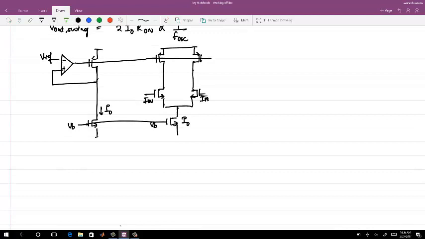Okay, let's make sure that M0, M1, and M2, they are in linear region. Okay, so your I naught, I can write this as, if the op amp works fine, then VDD minus Vref by R on.